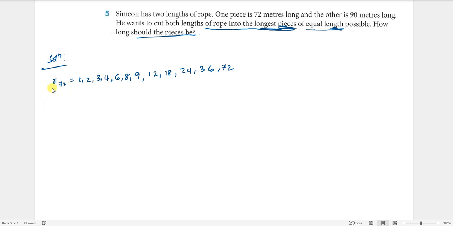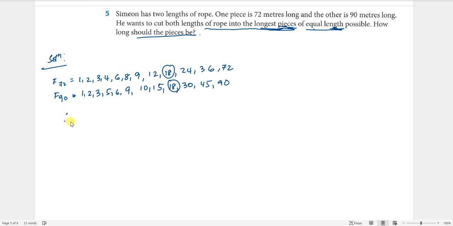And F90 is 1, 2, 3, 5, 6, 9, 10, 15, 18, 30, 45, and 90. So the common factor is 18.